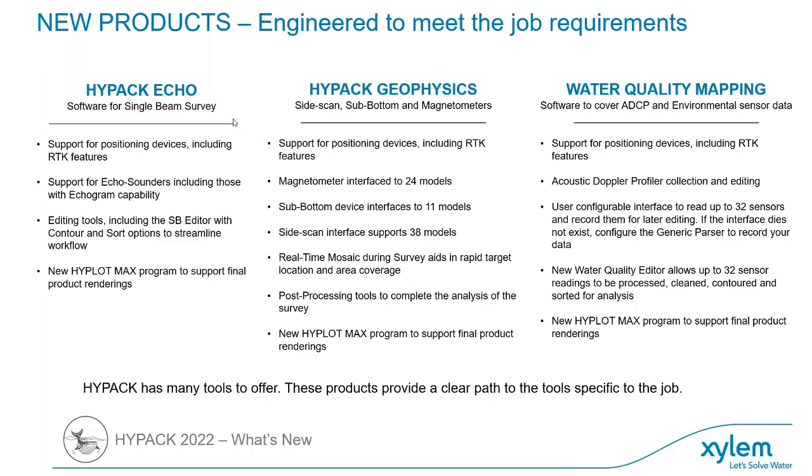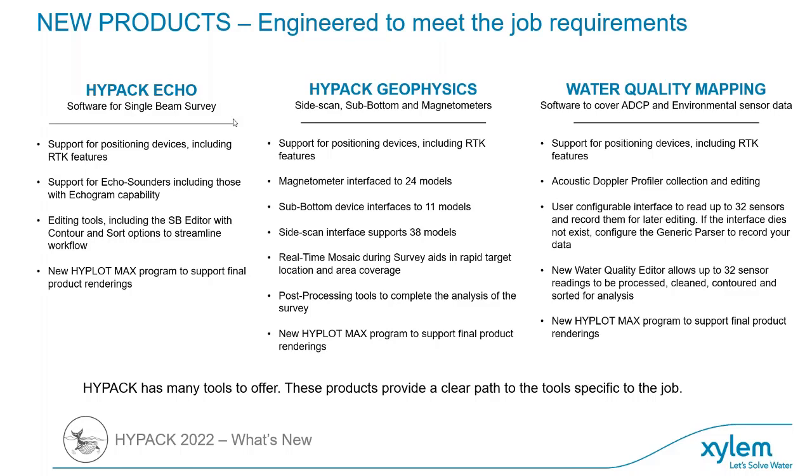There are 3 new packages that have come out this year in 2022. We've sunsetted a few packages and replaced them with HYPACK Echo, HYPACK Geophysics, and a new one called Water Quality Mapping. HYPACK Echo takes the place of the Ultralight program, and HYPACK Geophysics essentially replaces sub-bottom and marine search, having those features and then some.